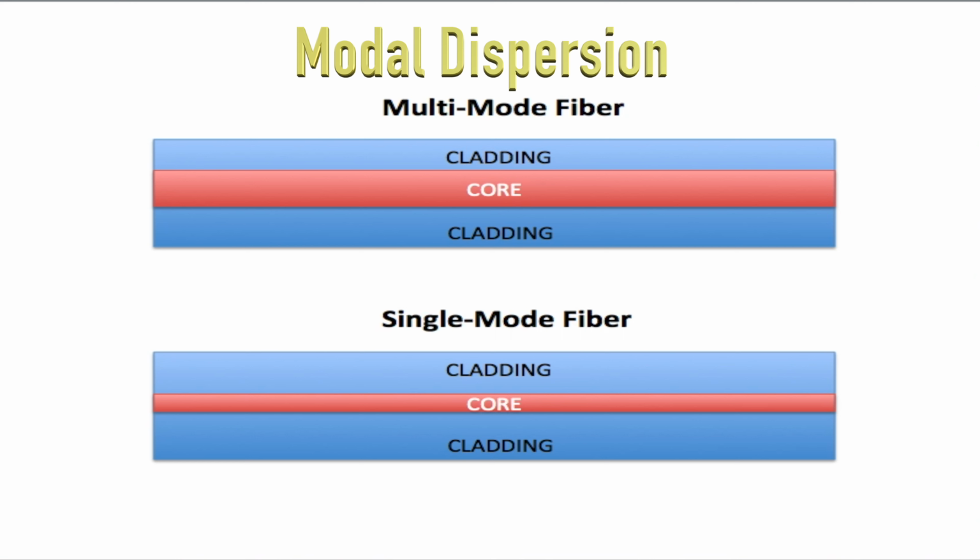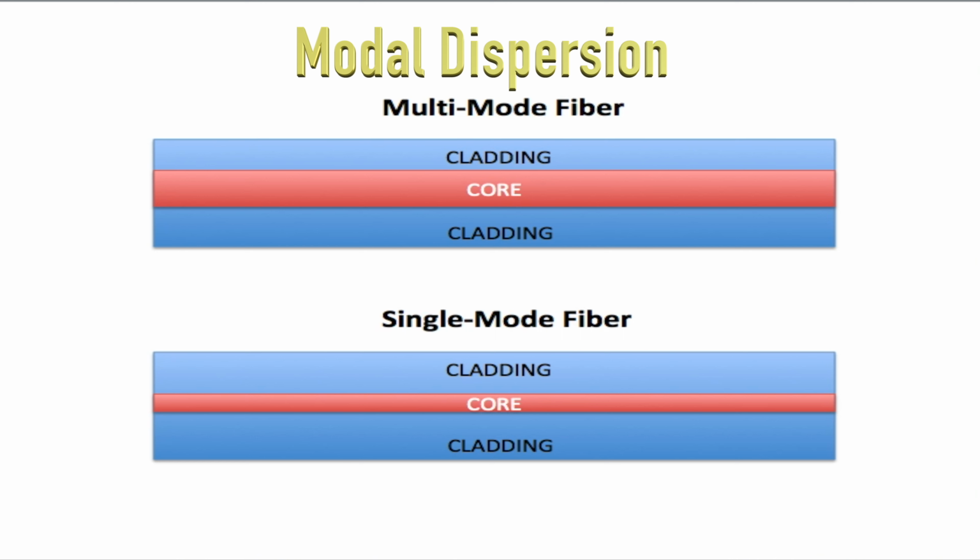Modal dispersion occurs when multiple light paths or modes are created as the signal travels through the core from the transmitter to the receiver. These paths vary in length, causing the light to arrive at the receiver at different times.